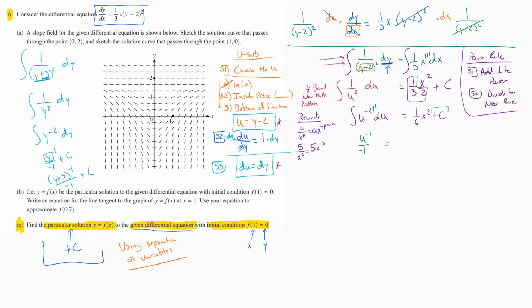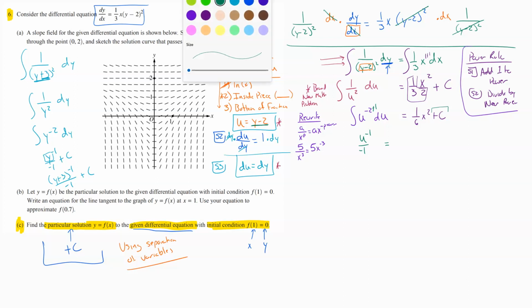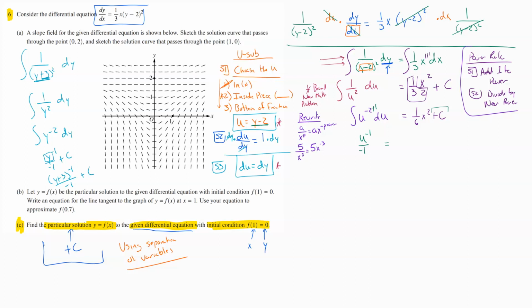And then the last move on that u substitution problem is, remember, you didn't really care about u, you cared about what u was. So we're going to plug back in for our u here. So u was y minus 2 to the negative 1. And then that's really over negative 1 if you want to, equals what we've got going on this side, 1/6 x squared plus c. So we've finished out the u substitution portion of the problem.